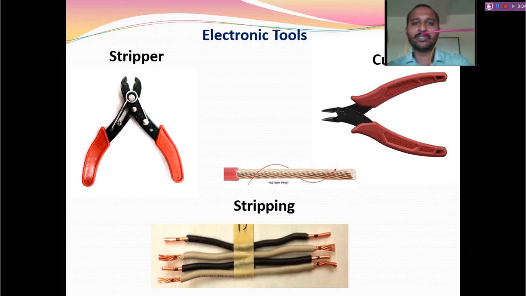What do you mean by multi-strand? There is a bunch of metals together, giving rise to a multi-strand wire. This wire consists of multiple thin metals. They are long. I'll remove this and I will show.